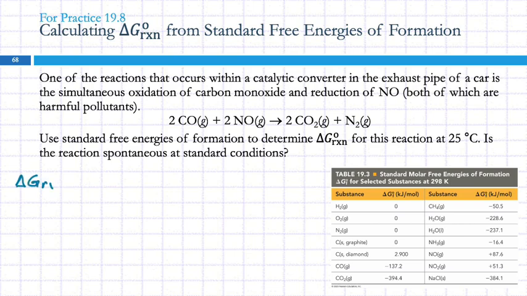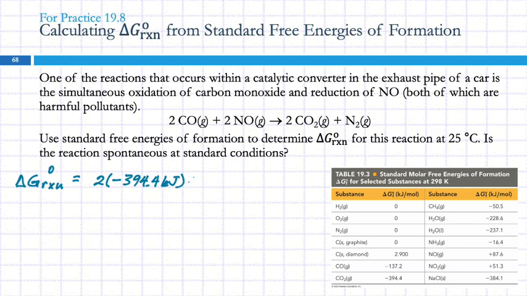So delta G, I'm going to look at the products first. 2 moles of CO2. So we'll go over here and find delta G for CO2, negative 394.4 kilojoules. And for nitrogen, well, nitrogen is an element in the standard state, it's 0.